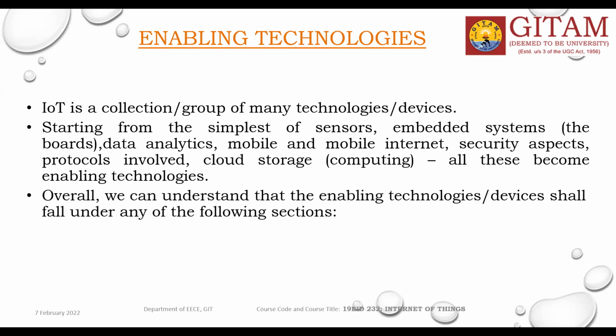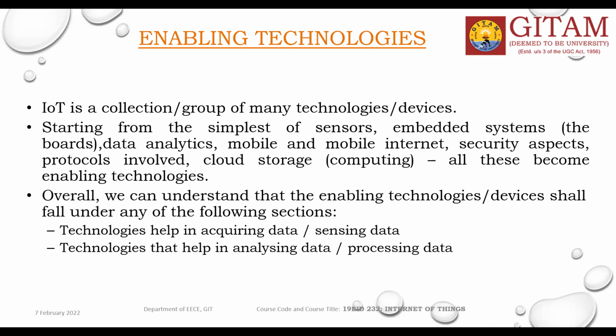Overall, we can understand that the enabling technologies or devices fall under any one of these categories. The first is technologies that help in acquiring or sensing the data. Then technologies which help in analyzing or processing the data, to understand the data.